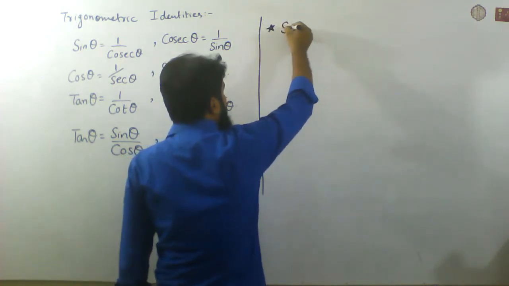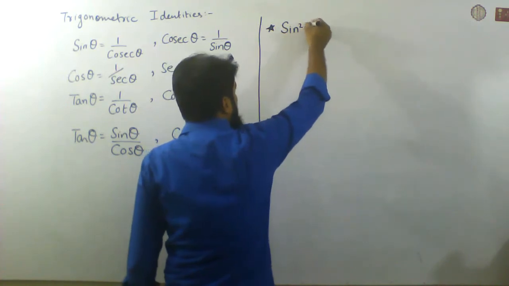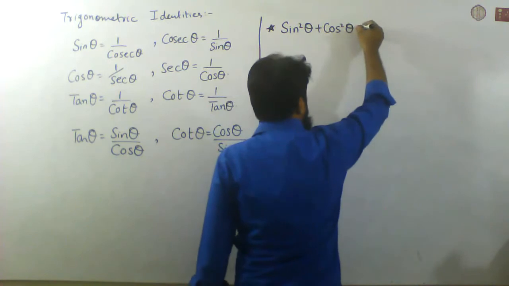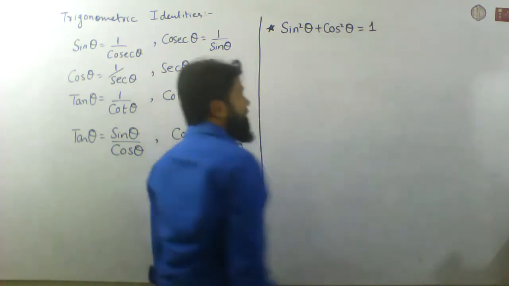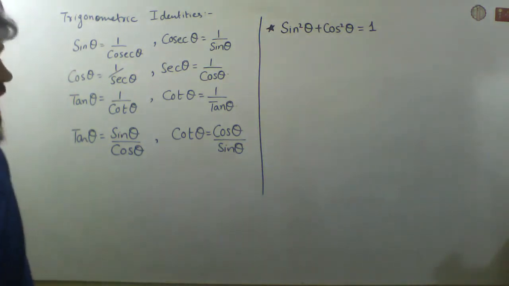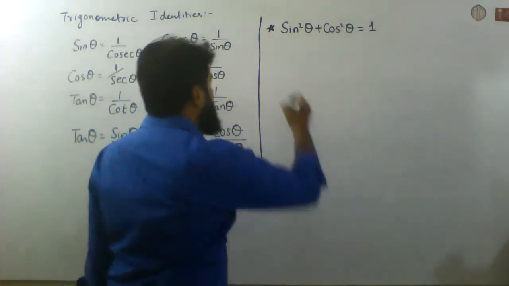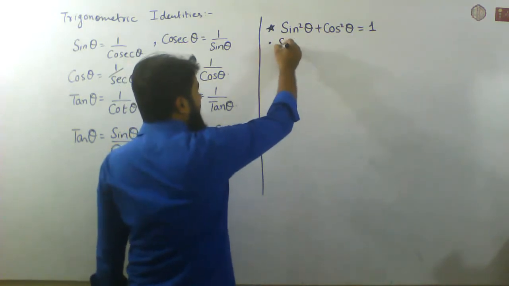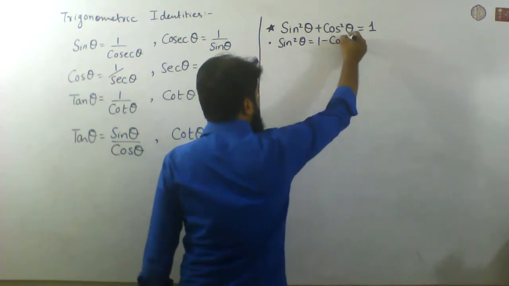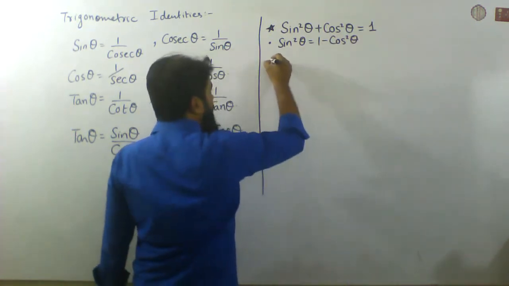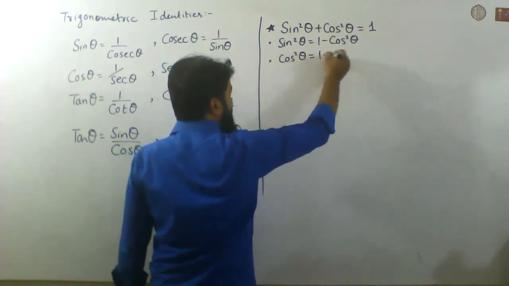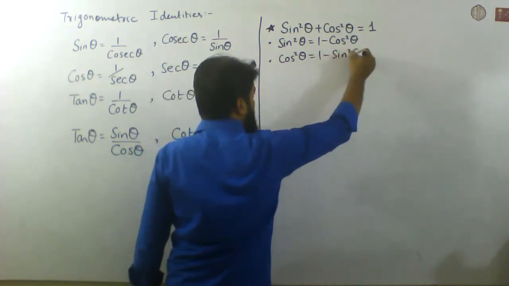The first squaring identity is sin square theta plus cos square theta equals 1. And what are the different variations you can have here? You can have sin square theta equals 1 minus cos square theta, or cos square theta equals 1 minus sin square theta.